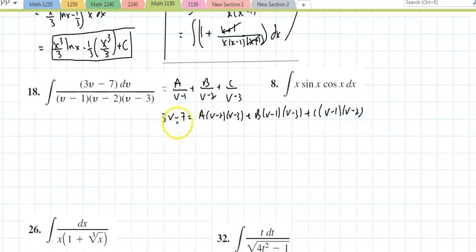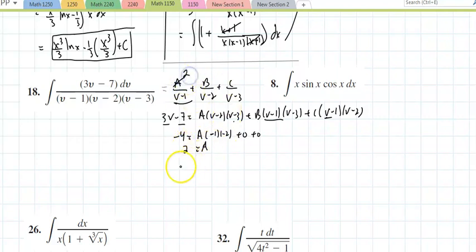I let v equal 1. 3 minus 7 is a negative 4. A 1 in there will give me a negative 1 and a negative 2. That would be a 0, and that would be a 0. So automatically a will equal negative 4 divided by 2, which is 2.